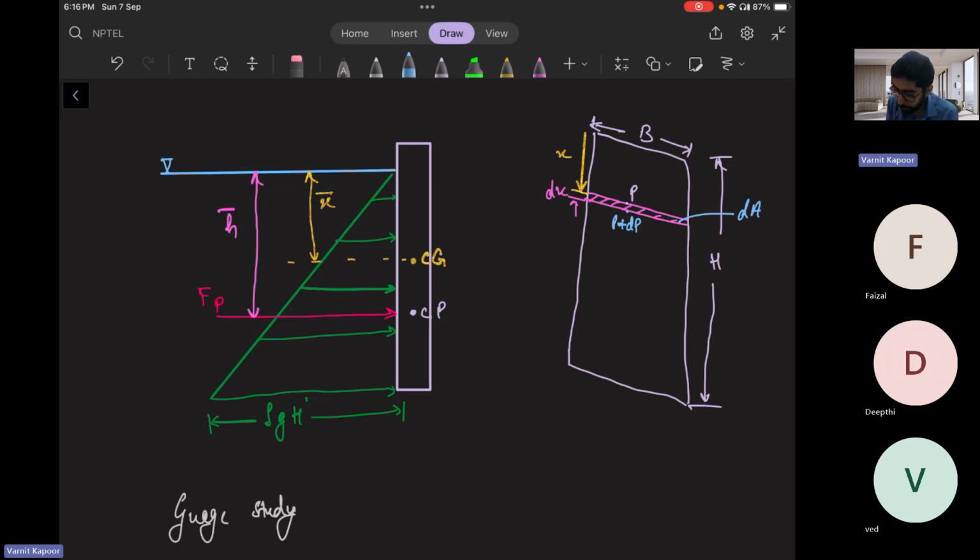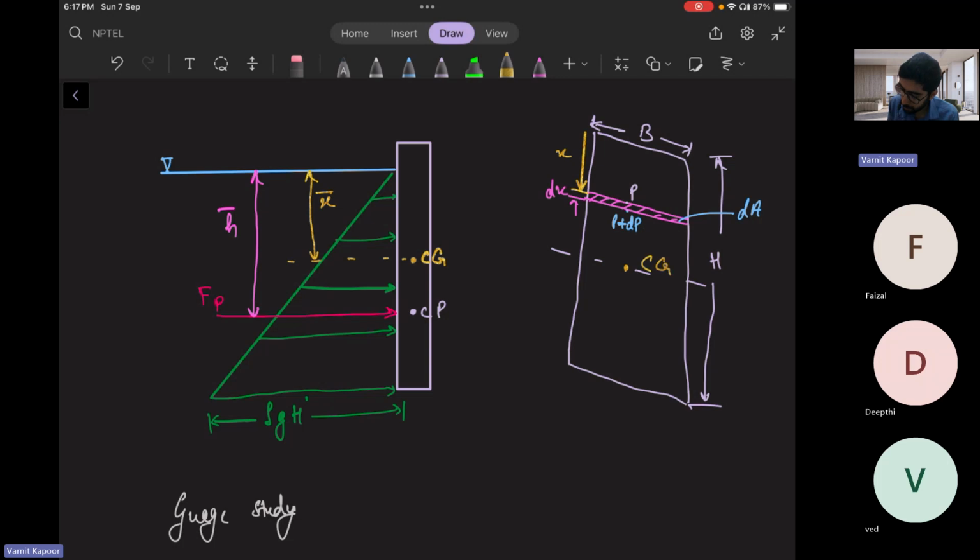Suppose this is your center of gravity line, the CG line, which is equivalent at this level.